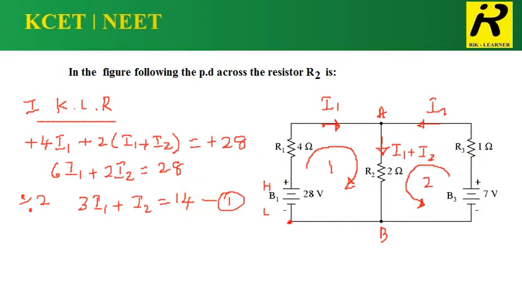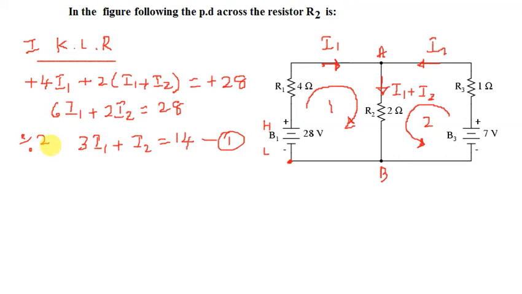Doing the same for the second loop, this point is my reference point, and I go like this as a loop. Since the current is also in the direction of consideration, this current I2 also becomes plus. So I write plus 1 into I2, which is simply I2, for the first branch, and here we are having no resistor, and in the middle it is again plus 2 times I1 plus I2.